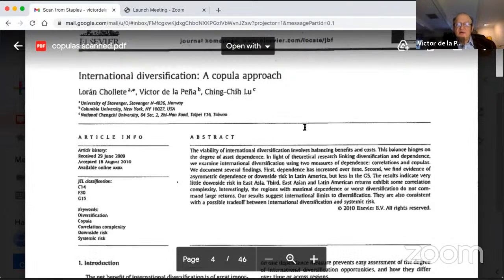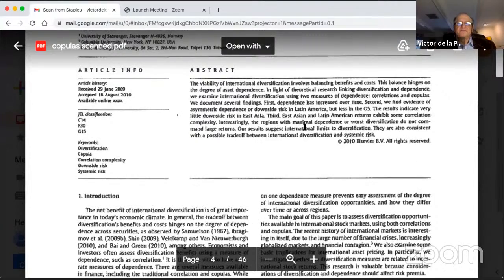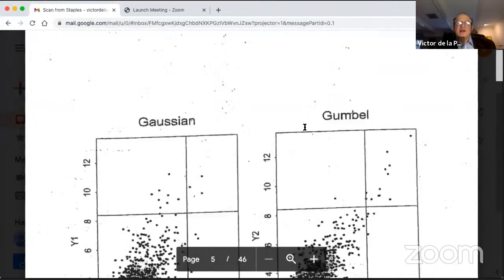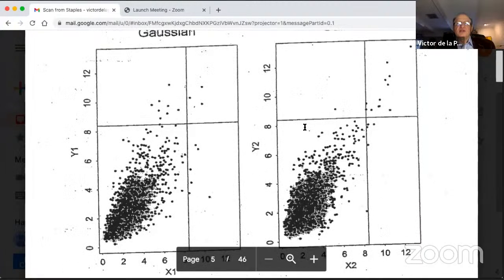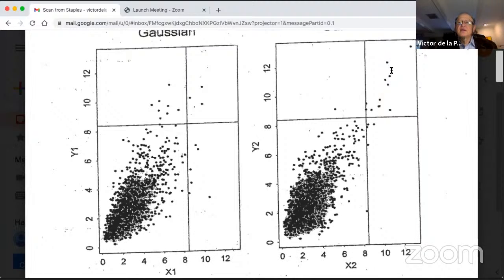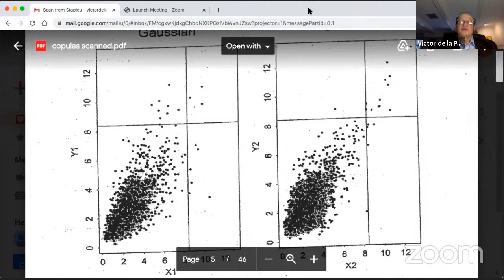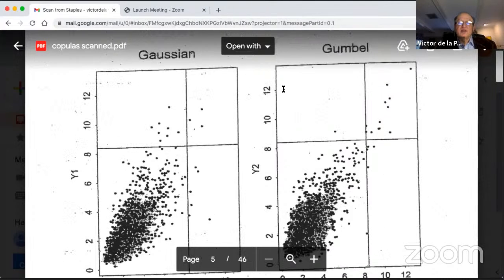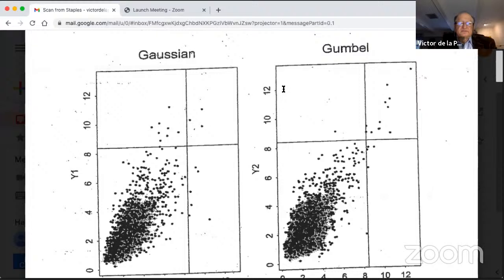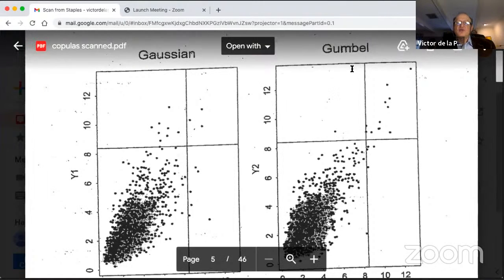Okay, so now, next thing. Why copulas? Well, here is a slide. Here there are two scatter plots. The left scatter plot has what we call a dependent structure, which is Gaussian. The right scatter plot has a dependent structure, which is called Gumbel.